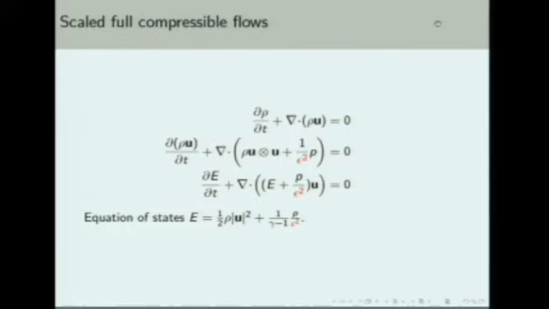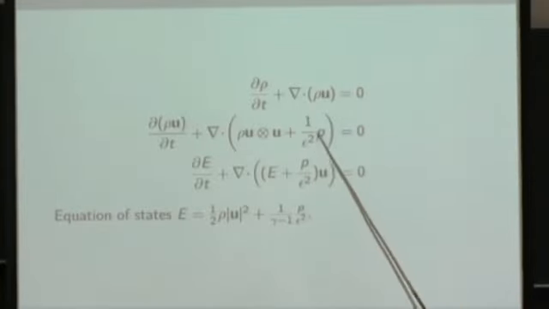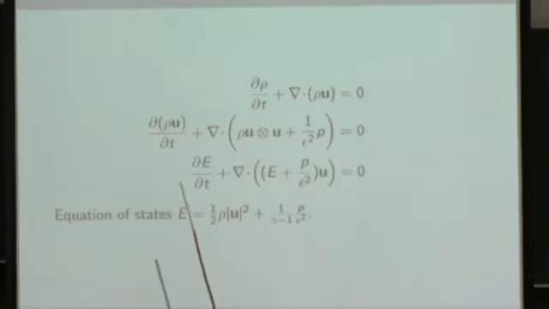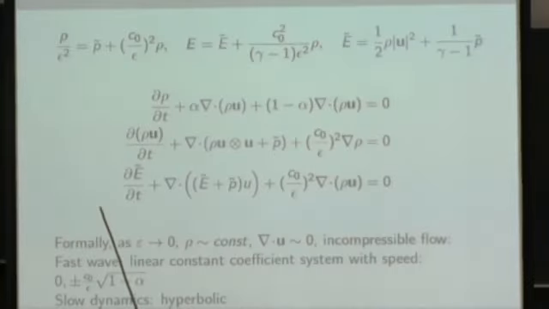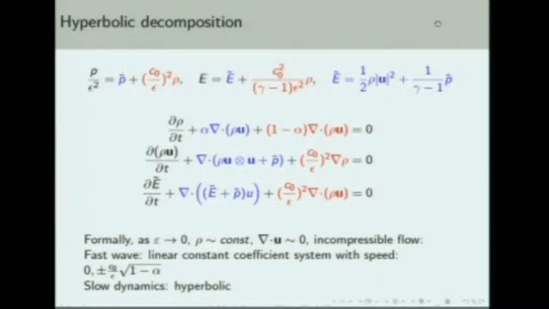Here I put the scaled part out: the pressure is scaled by 1 over epsilon in the outer component. Let's see how to do the hyperbolic decomposition. Here you go. You take this energy and split it into a stiff part and a non-stiff part.